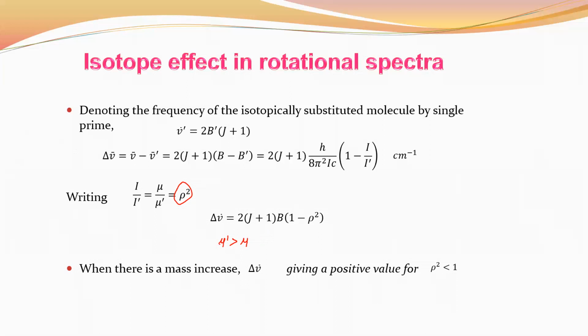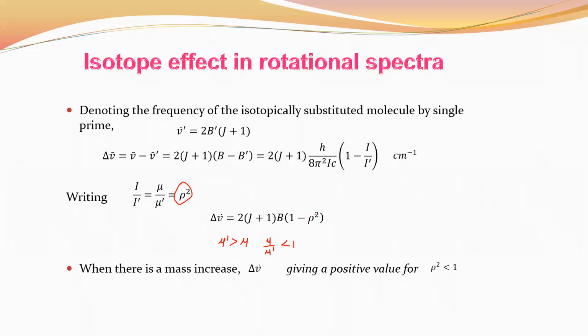If the mass increases, the reduced mass must increase, so mu dash must be greater than mu. Then mu by mu dash, as mu dash is greater, must be less than 1. Then rho square must be less than 1.